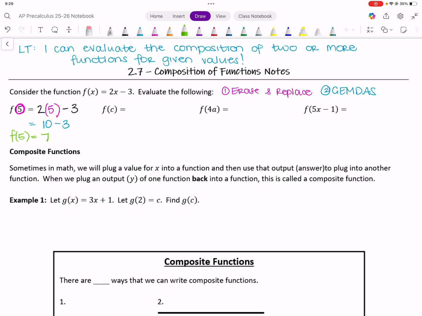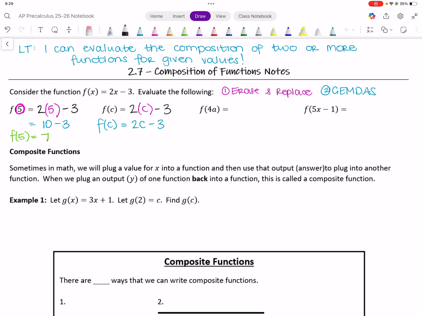So we can do the same thing even if we're not given a number, like f of c. We'll still do 2 times c minus 3. And then just to simplify that, we get rid of our parentheses, so f of c is just 2c minus 3.